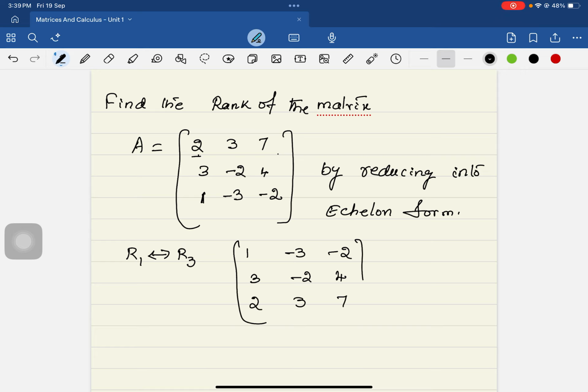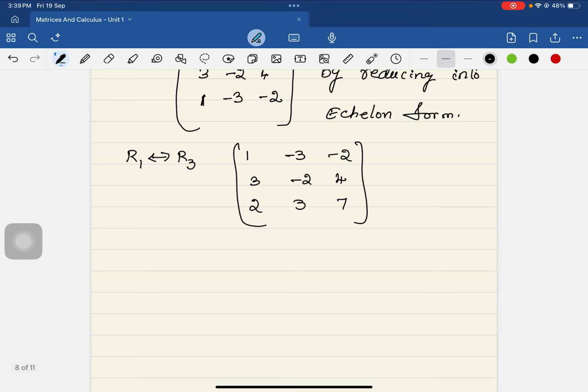Okay, and now what you are going to do, you are going to change this element and this element to zeros, taking the help of this one. So your R2 is changed as R2 minus 3 times R1, and R3 changed as R3 minus 2 times R1.